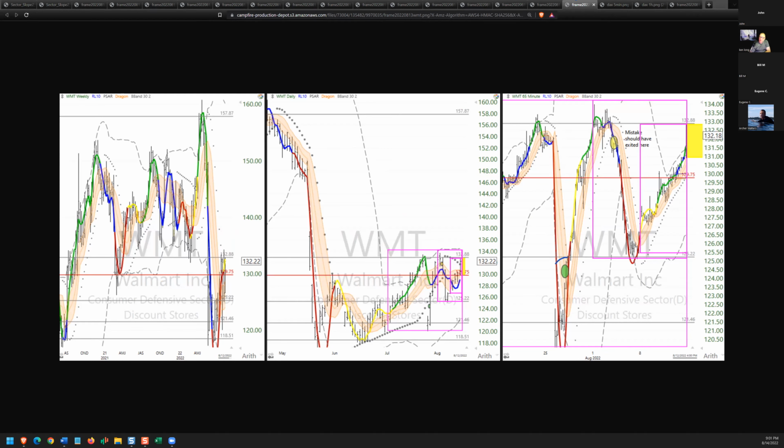Walmart, there was his entry. He recognizes he should have exited here. At this point, when we talked last week, he was just going to leave the stop in here. It rewarded him, got him back in. Now he has learned his lesson, has moved his stop back up into here to lock in that gain. And I think that if it gets above here, it has every reason to go.